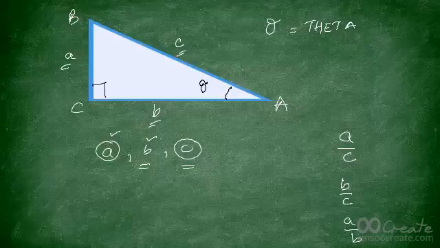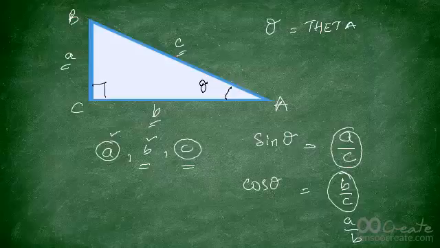Now these three ratios that I've created, they have a name. The first one, A upon C, is known as sine theta. The second one that I've created, B upon C, is called cos theta, which is short for cosine, or C-O-S-I-N-E. And the last one that I've created, A upon B, can be written as tan theta.